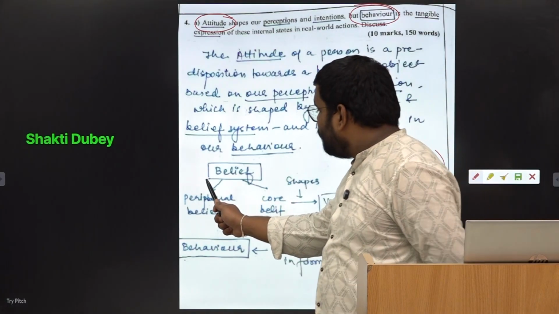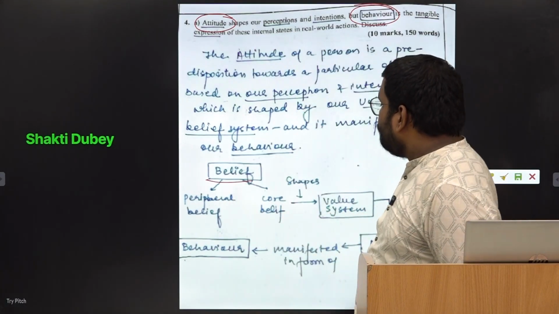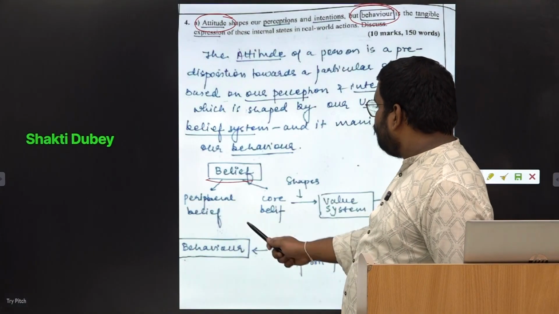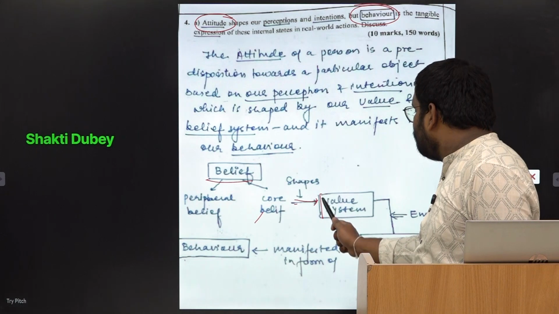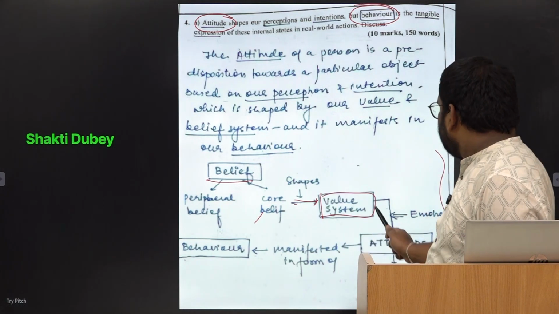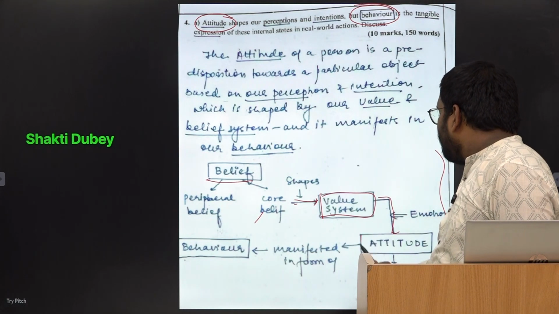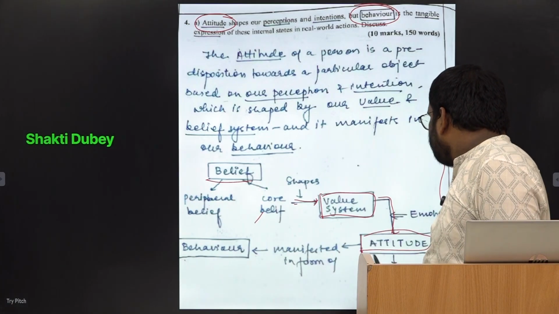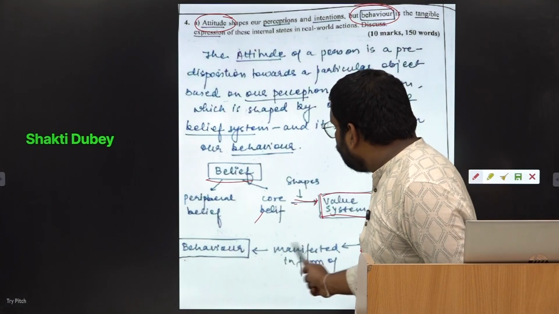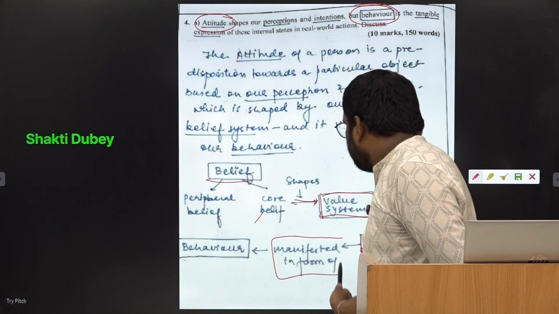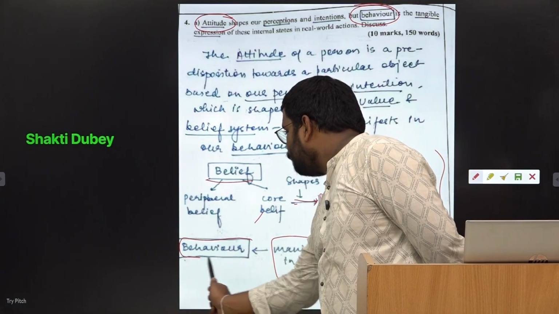First, belief: personal belief, peripheral belief, core belief, which shapes your value system, which decides your attitude. Attitude can be positive, can be negative, and attitude is manifested in the form of behavior.